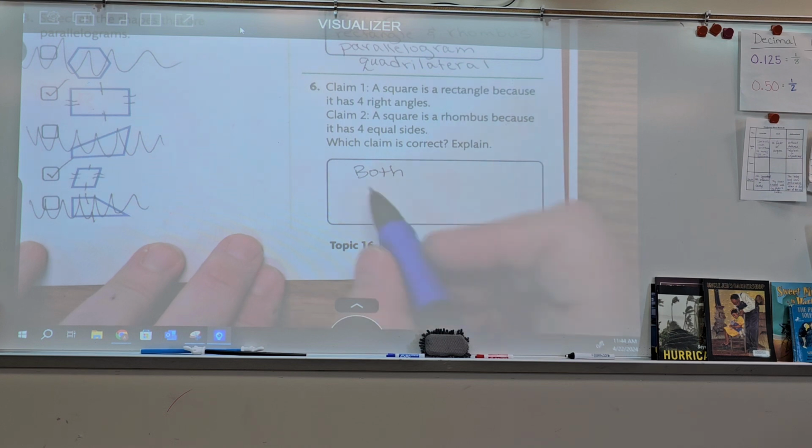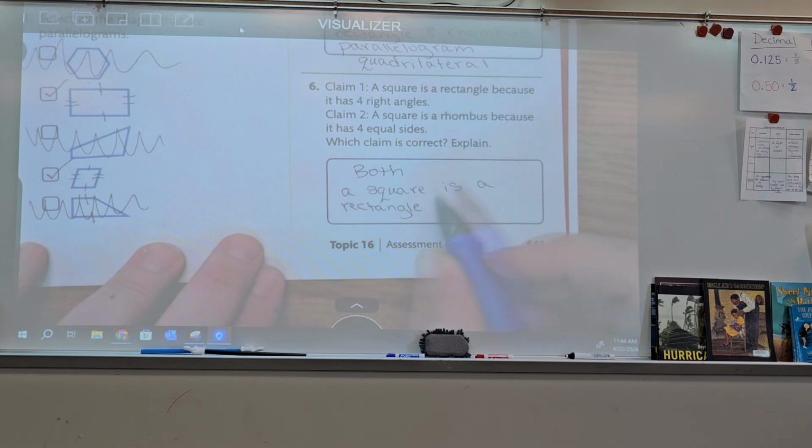Because a square is a rectangle due to the fact that it has the 4 right angles, and a rhombus because it has the 4 equal sides. So both claims are correct.